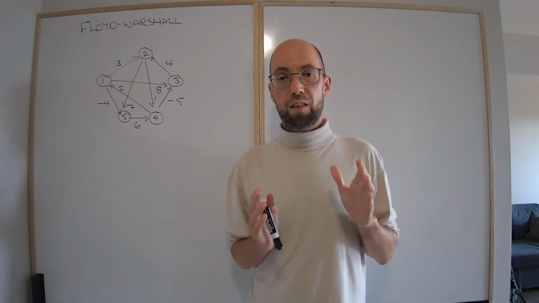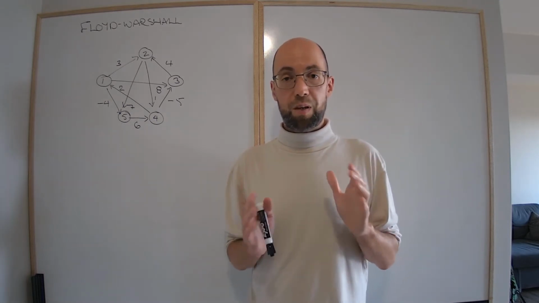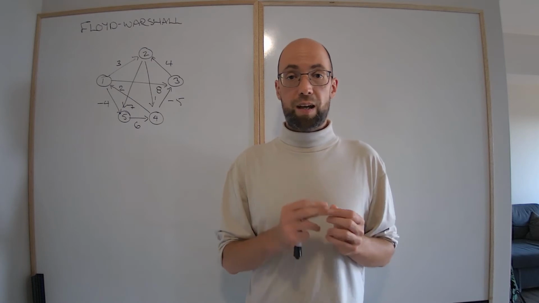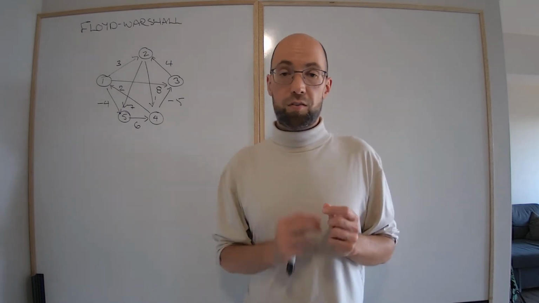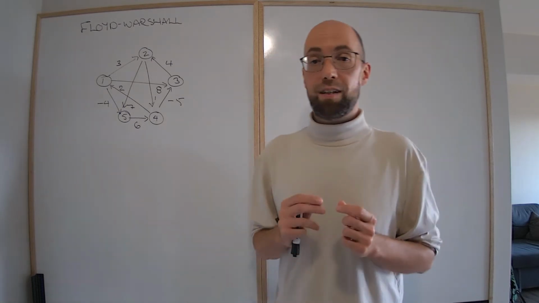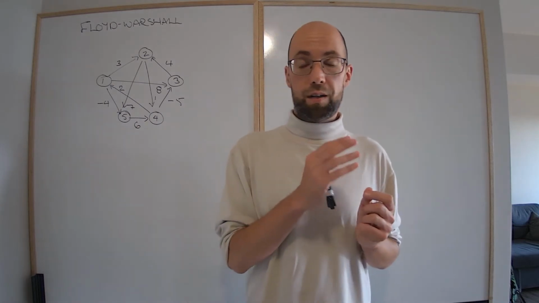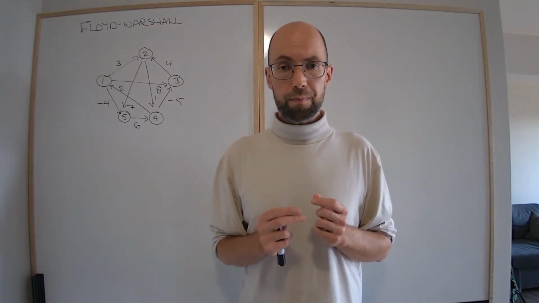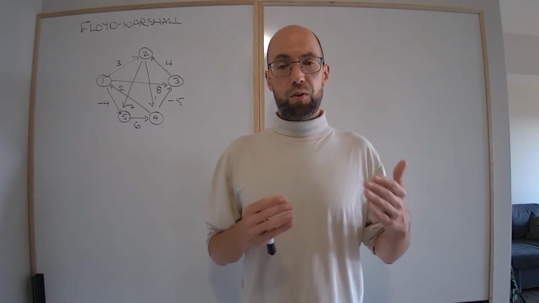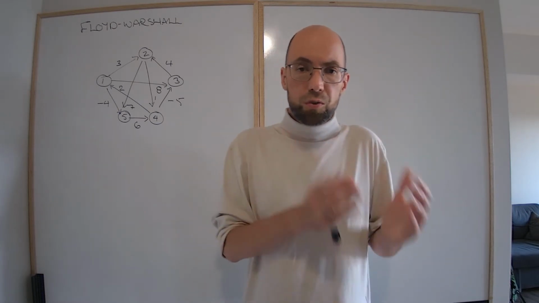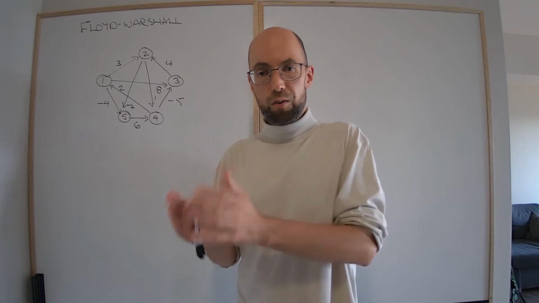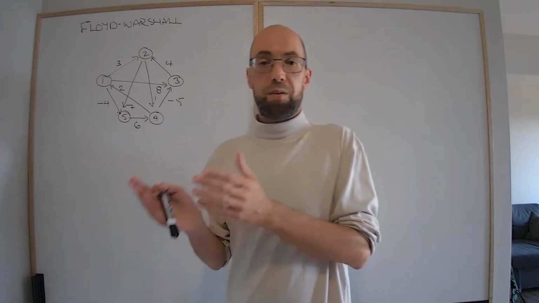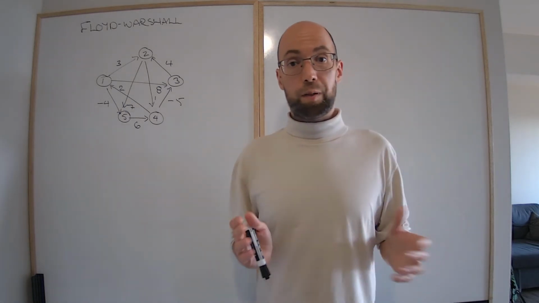The kth matrix will say what is the shortest path from vertex i to vertex j that only goes through intermediate vertices from 1 to k. Okay, and so you'll use the matrix for k to build the matrix for k plus 1. So this is dynamic programming.